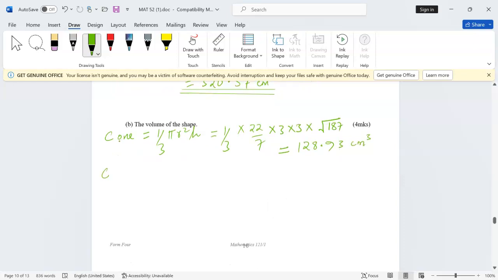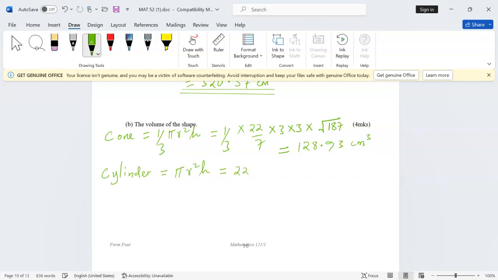We go for the cylinder. The volume of a cylinder is cross-section area times height. The cross-section area, which is circular, is pi r squared, times the height.